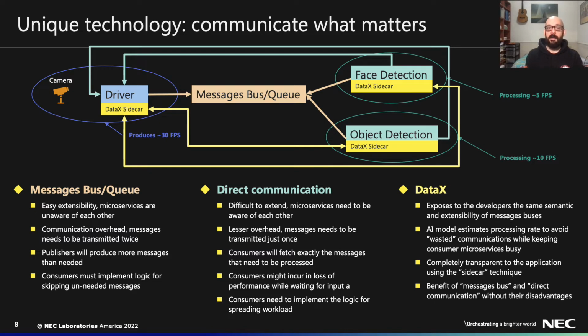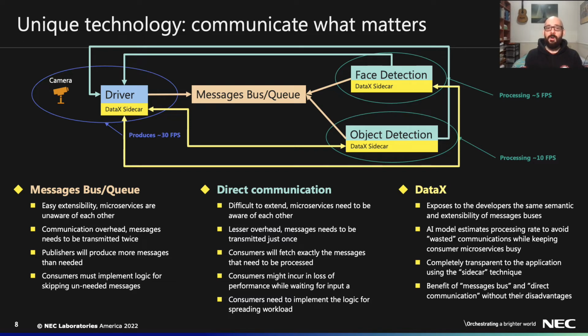Message buses are easy to extend, but they incur high communication overhead, and also the consumer microservices need to implement the logic for skipping unneeded messages. On the other side, direct communication has much lower overhead, but there's the problem that microservices need to be aware of each other and need to be developed in a way that they are aware of each other.